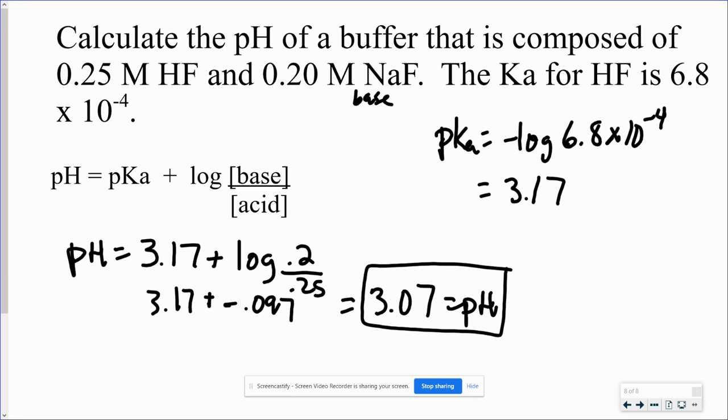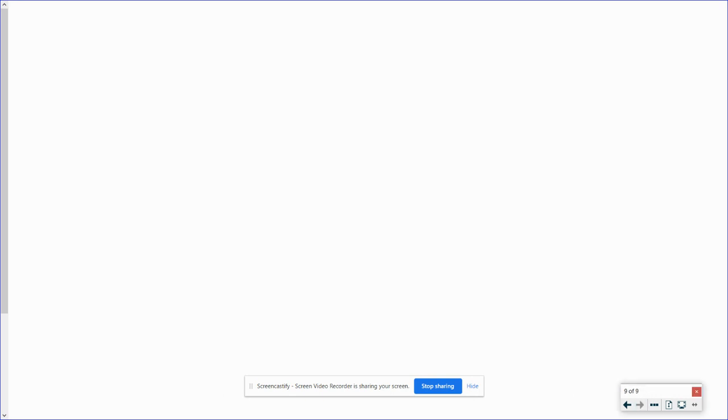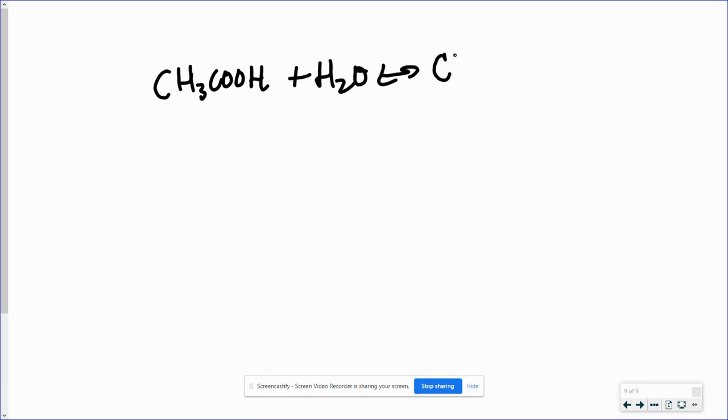Okay, so again, the Henderson-Hasselbalch equation is a shortcut. If we would have done it as an ICE problem, we would have written out starting amounts of our acid and base. In the first one, we had acetic acid, CH3COOH plus water goes to CH3COO minus plus H3O plus.